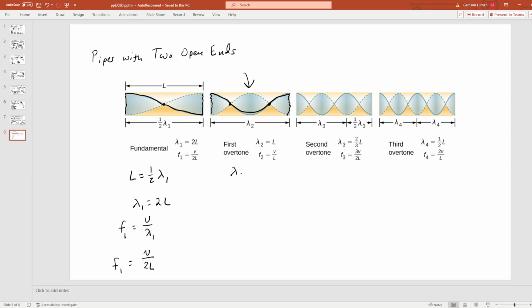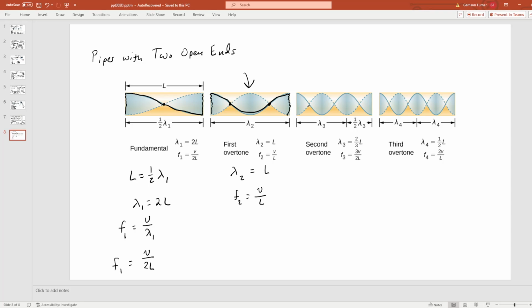So the wavelength for the first overtone, or for n equals 2, is just going to be the length of the pipe. And therefore the frequency is V divided by L. And notice that this is exactly twice as high as the fundamental frequency, which should make some sense. If I halve the wavelength, then I double the frequency, right?